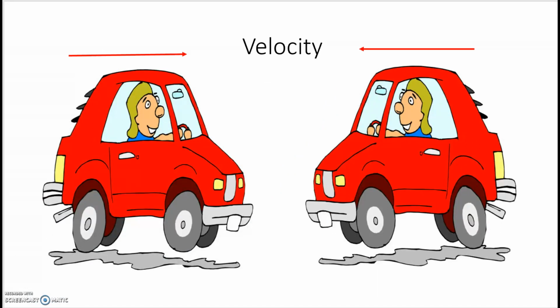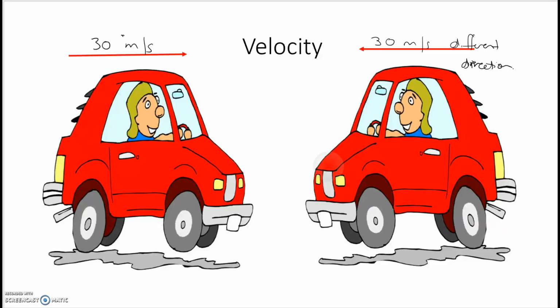Here's an example of a couple of cars, and yes, I know they will crash unless something happens, but never mind. Suppose this car is travelling 30 meters per second, and this car is travelling 30 meters per second, but in a different direction. Yet in both of them, the speedometer will be showing 30 meters per second.